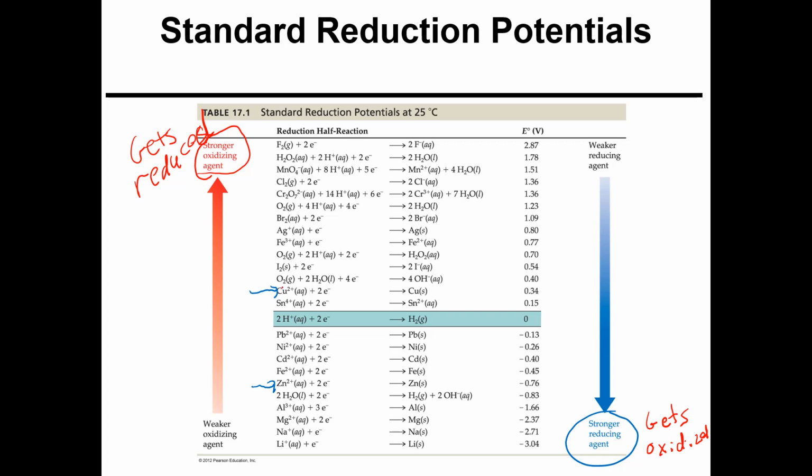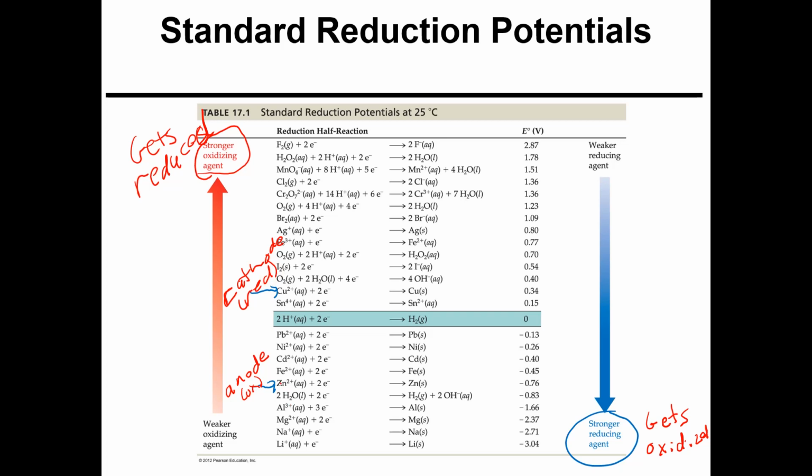So if we had a cell made up of copper and zinc, zinc is the stronger reducing agent, so it's going to cause copper to be reduced. Therefore, it's going to get oxidized. That means zinc is going to be the one being oxidized, so zinc is going to be our anode, where oxidation occurs, and copper is going to be our cathode, where reduction occurs.